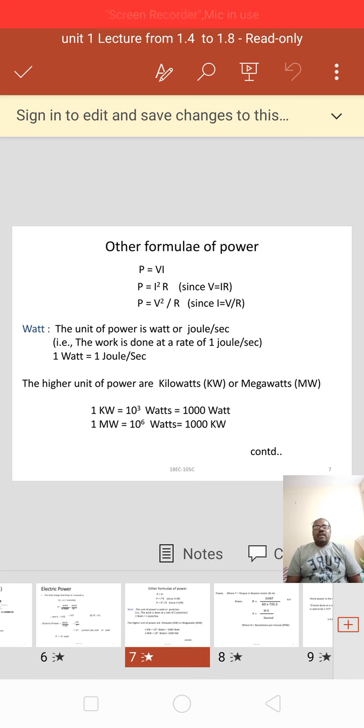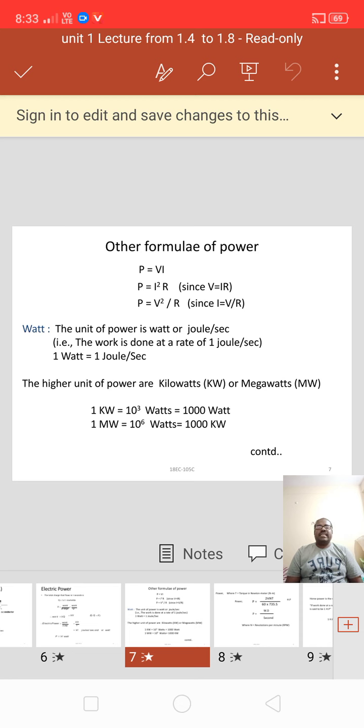Okay. The higher units of power are kilowatts, that is kW, or megawatts, that is MW. Kilo, we know in our day-to-day life. Kilo is nothing but 10 power 3. 1 kilowatt equals 10 power 3 watts or 1000 watts.